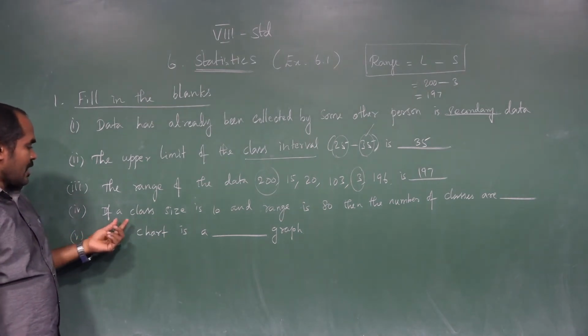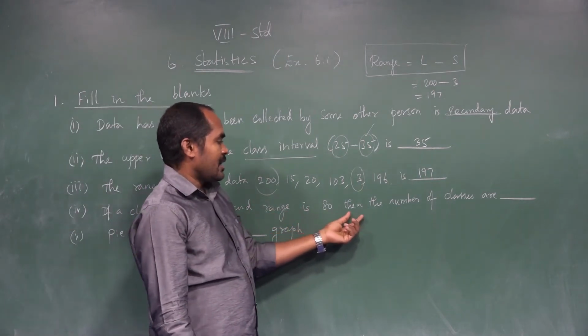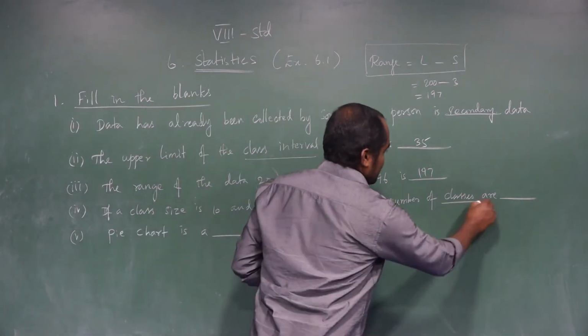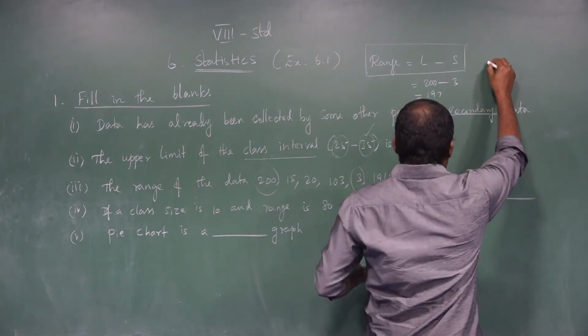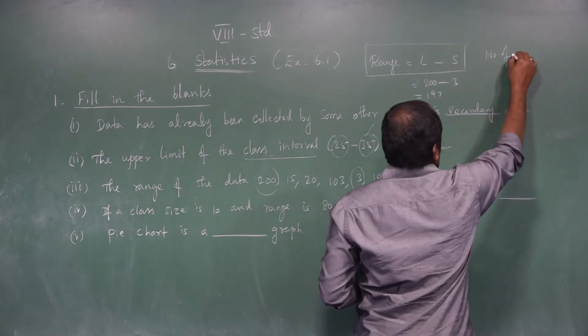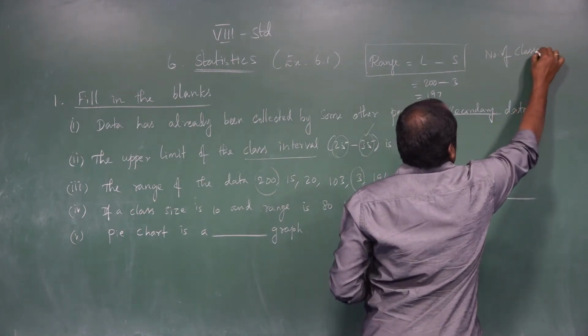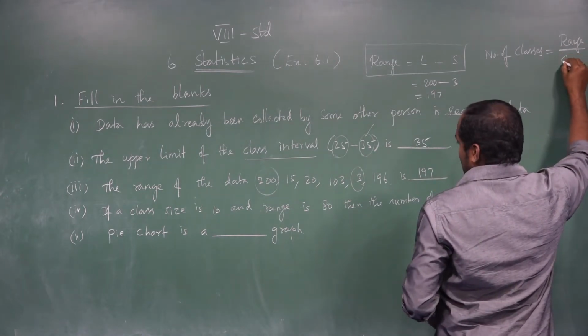Next, if a class size is 10 and the range is 80, the number of classes is dash. Here also we have one more formula. The number of classes is equal to range by class size.